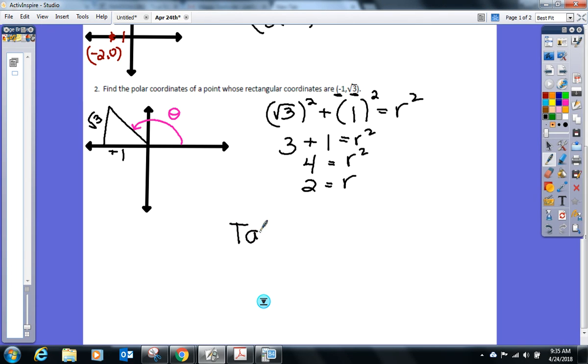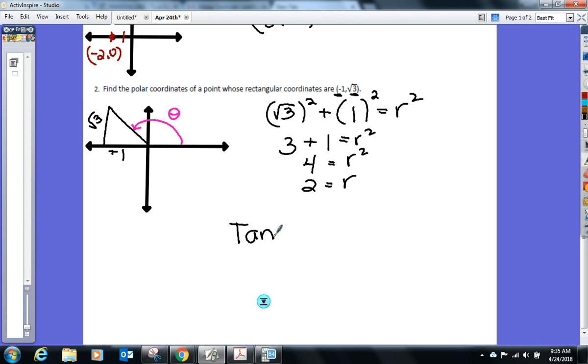Tangent of my reference angle, and you can put theta. I'm going to put, just so you guys know, I'm going to find the reference angle. What's the opposite side? Radical 3 over 1, okay. Anybody remember this is why you need the darn calculators? What do I need to plug into the calculators now?